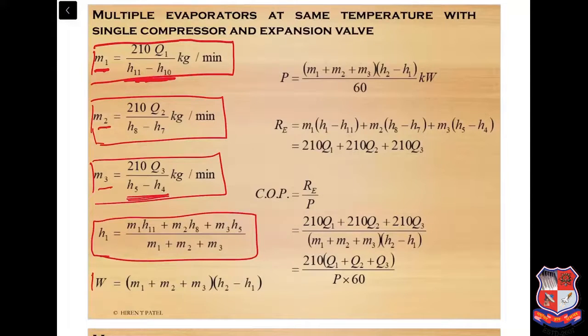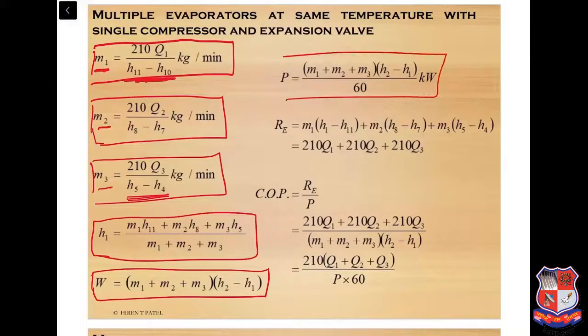So work done is same as previous one, same as power, but the difference in refrigerating effect is that for each and every evaporator the mass and enthalpy difference are different.